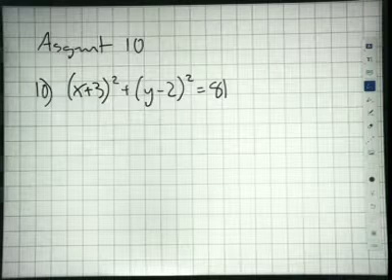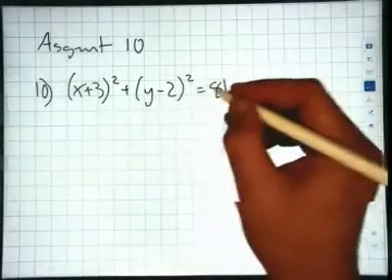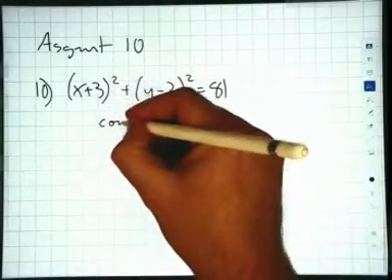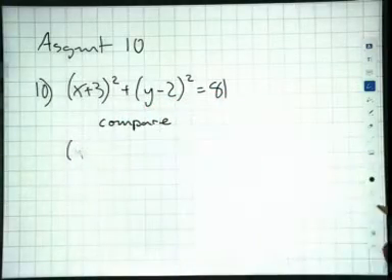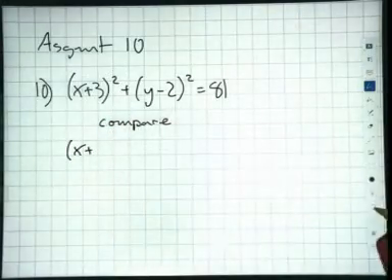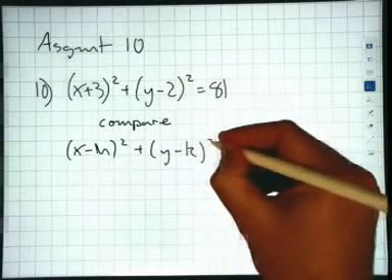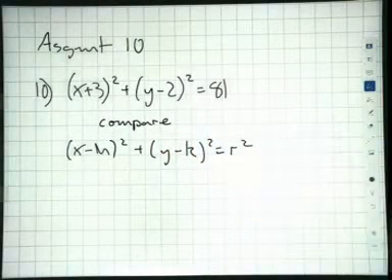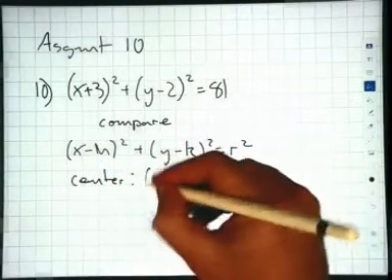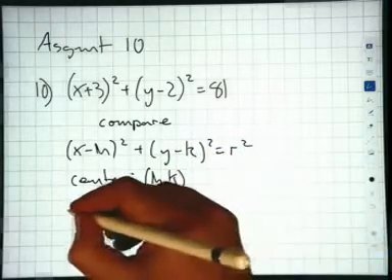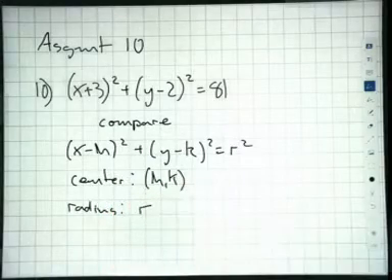These questions all depend on us being able to compare this to the standard form, x minus h quantity squared plus y minus k quantity squared is equal to r squared, where our center is (h, k) and the radius is r.